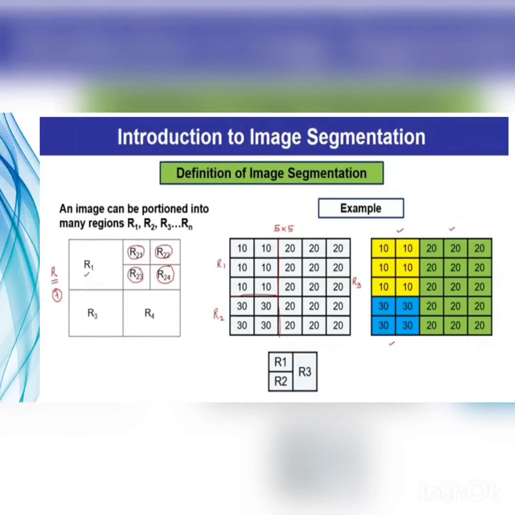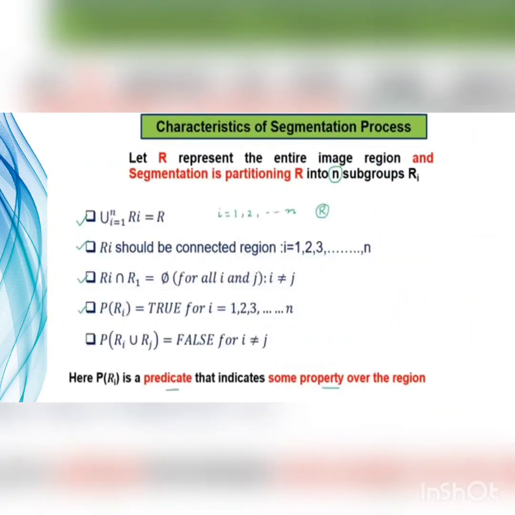So we discussed the definition of image segmentation. And there are some characteristics of the segmentation process. Let R represent the entire image region, and Ri are subgroups or sub-images of that image. So we have 5 characteristics.